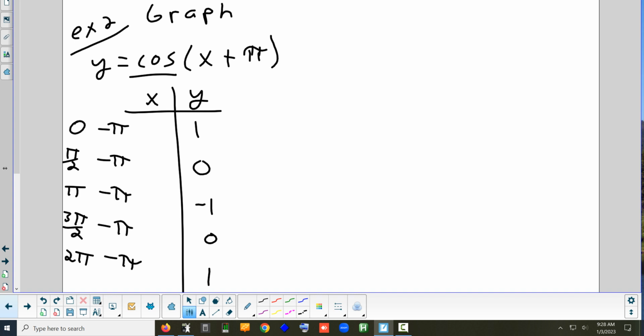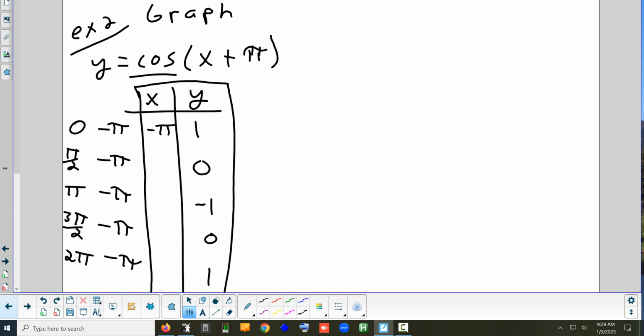Okay, now we just need to figure out what's going to go on. After I do enough x values that I see a pattern, I just go with the pattern. But if you don't see the pattern right away, you might have to do a couple of them. So the first one, 0 minus pi, well, that's just minus pi. Okay, the next one, pi over 2 minus pi over 1. What's my common denominator between 1 and 2?